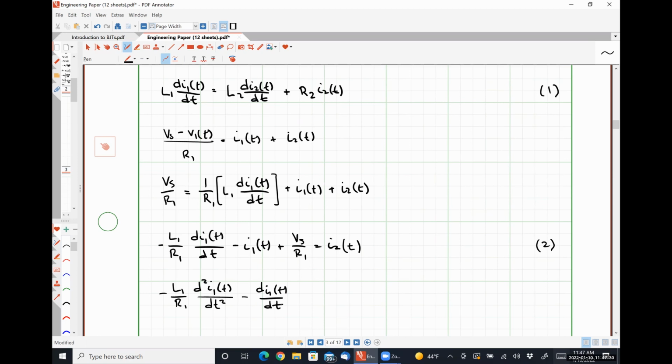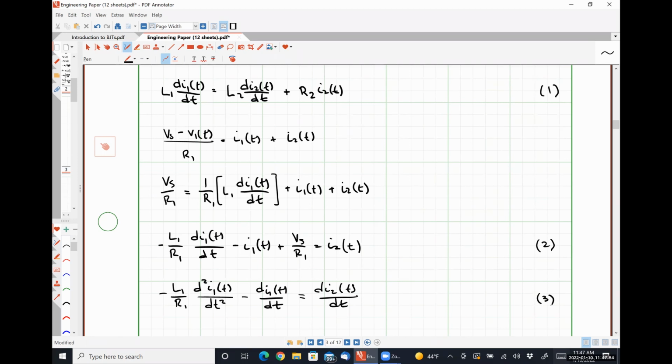So Vs is a constant value voltage source and R1 is a constant value resistor. So the ratio of Vs over R1 is a constant. What's the derivative of a constant? 0. There we go. So that bit goes away. And we now have the derivative of I2 with respect to time. Let's call this equation 3.